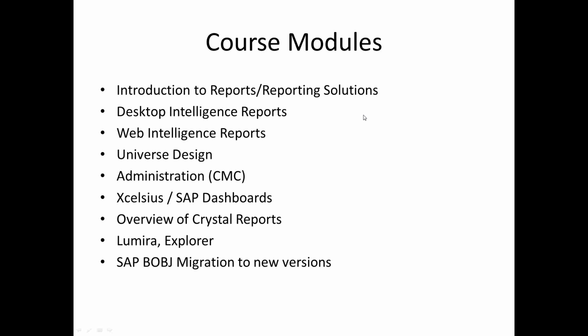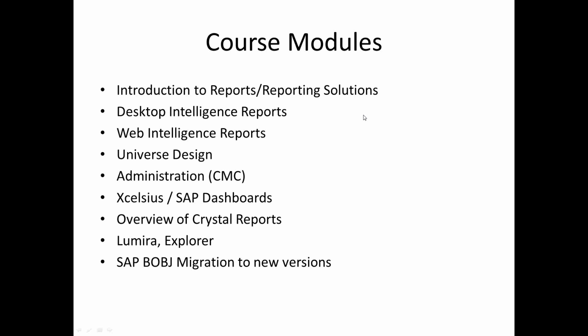Next, we want to make sure that whenever a migration task or migration project comes in, we will handle the conversion of Desktop to Web Intelligence, and also from the previous version to the latest version. So the course modules comprise Desktop Intelligence, which we will handle a little later. Then the most important thing is Web Intelligence reports. Then you have Universe Design, the Administration module, and some of the advanced analytics tools such as SAP Dashboards.